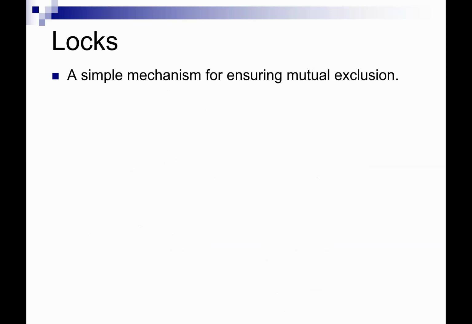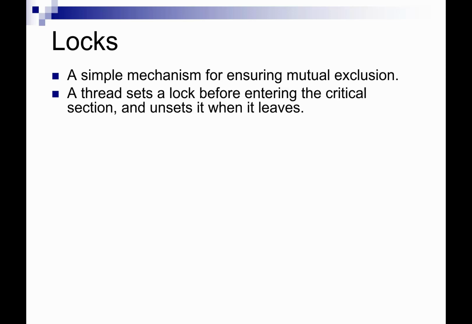All right, so locks are a way of ensuring mutual exclusion. The way locks work is that before a thread enters a critical section, it sets the lock, and then it unsets the lock after it leaves the critical section. These locks have certain properties.